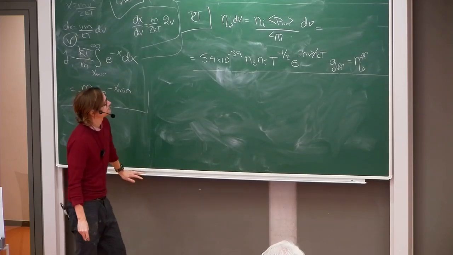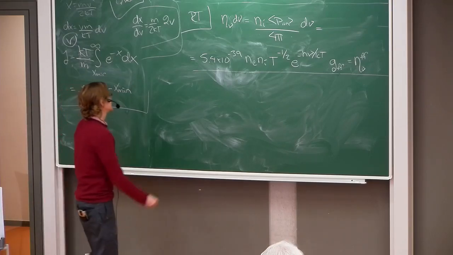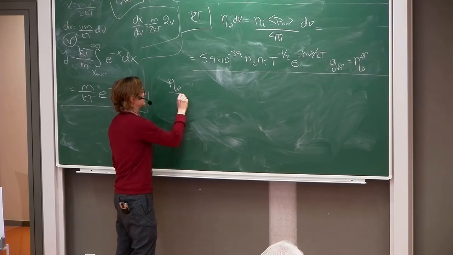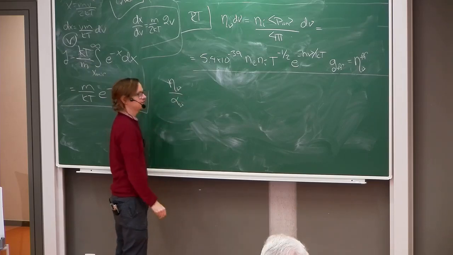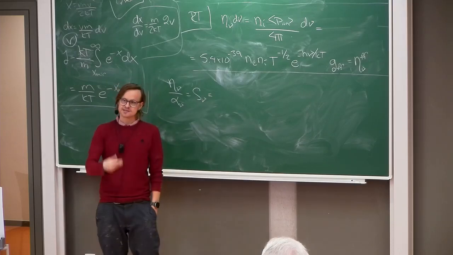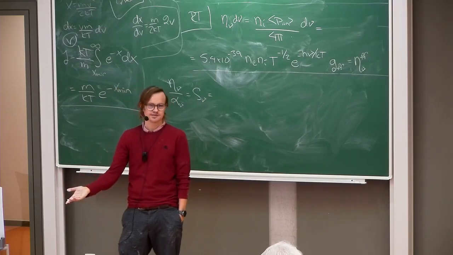All right. Well, let's move on here a little bit now. Here we have our emission coefficient. Let's see, what can we say about the absorption coefficient? Well, we know that eta nu over alpha nu is the source function, right? But this is a thermal process, so what's the source function for a thermal process?